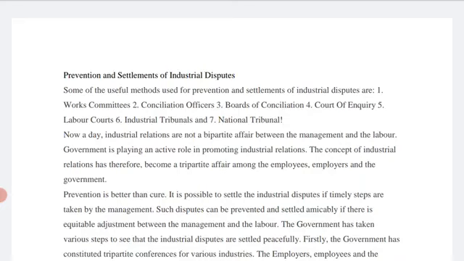Now, in the last lecture we have gone through strikes and lockouts, the types of industrial conflicts, right? So whenever we consider strike, what is strike? Why does it happen?